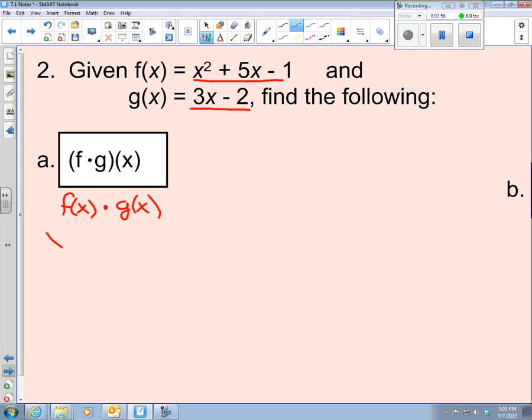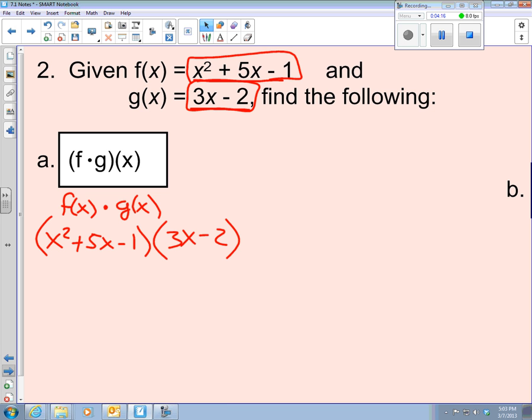F of x is this, x squared plus 5x minus 1, in parentheses, times g of x, which is 3x minus 2. So basically f of x right here times g of x, the expression part of them.